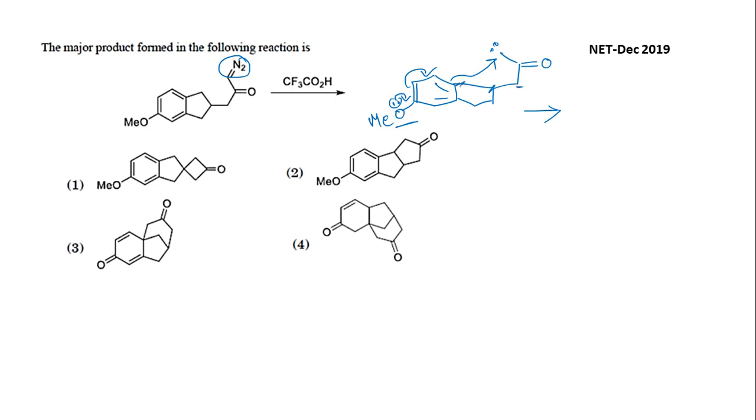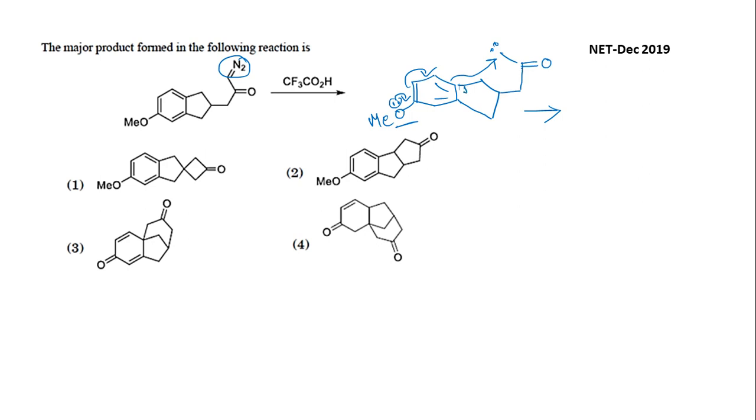1, 2, 3, 4, 5. So here, I have missed one carbon. It is CH2, and then there is this carbonyl.